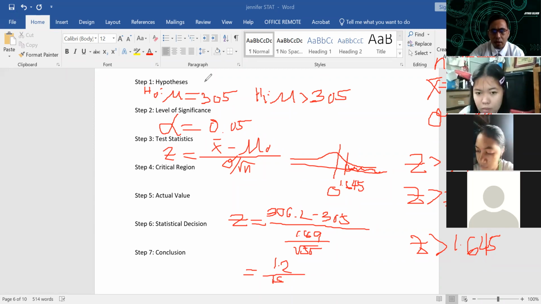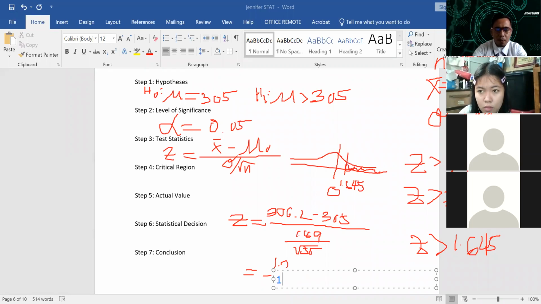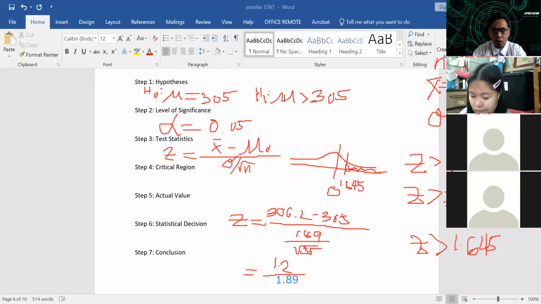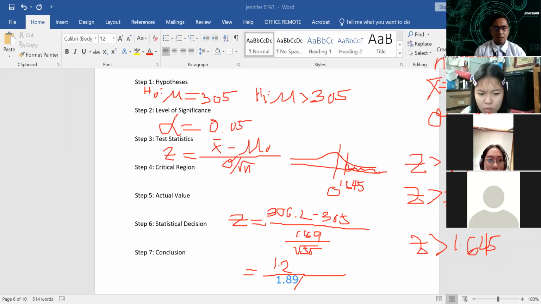Dito na ito. Isulat. 1.89 all over pila ng square root of 55? Pila ng square root of 55 plus? 7.4, sir.